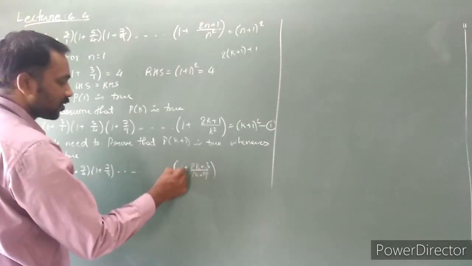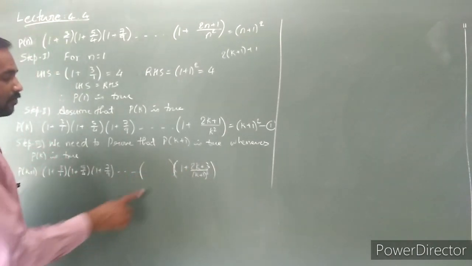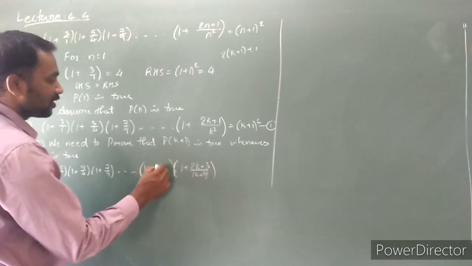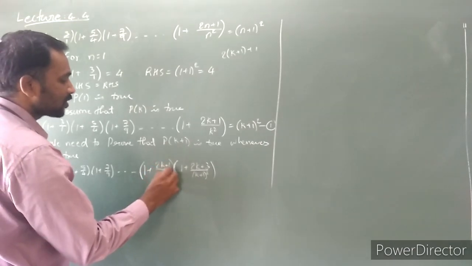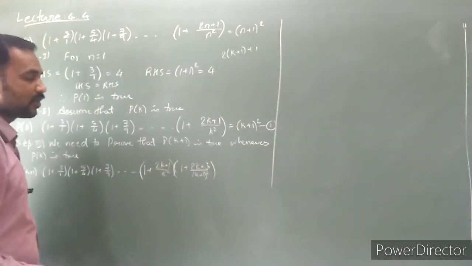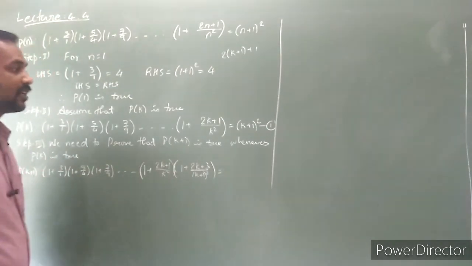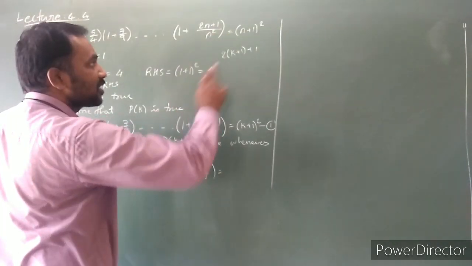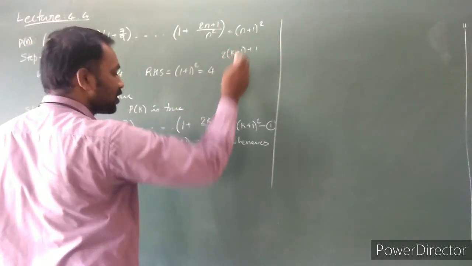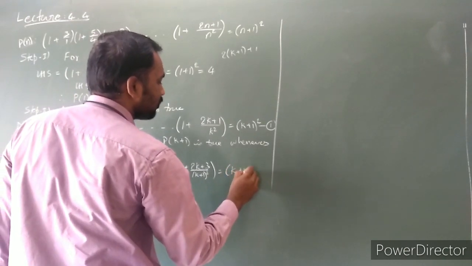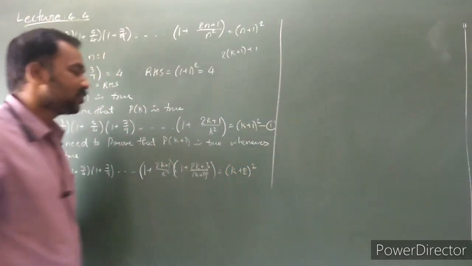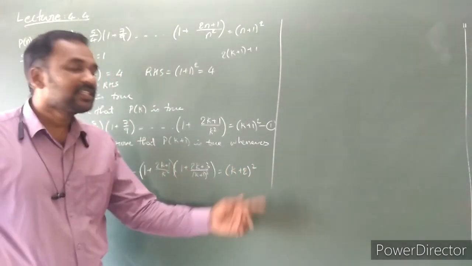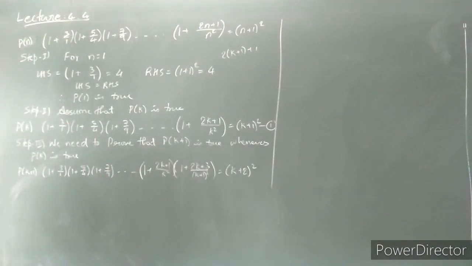What is the previous term? The previous term, the product in terms of k, is 1 plus (2k+1) divided by k². The right hand side: wherever n is there, replace with k+1. k+1+1 is nothing but k+2, whole square. Now we need to prove that LHS is equal to the RHS.